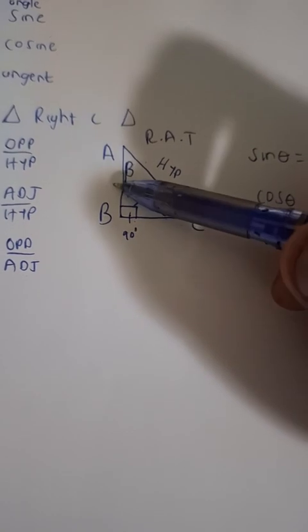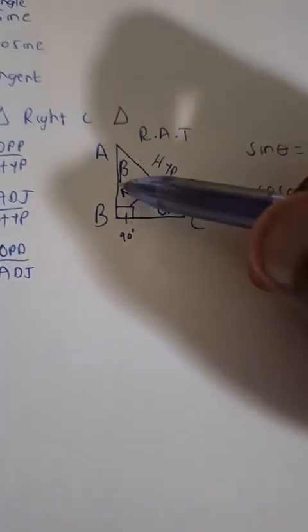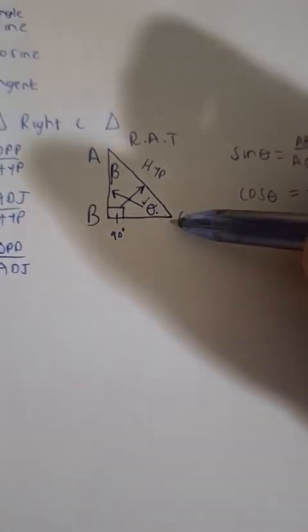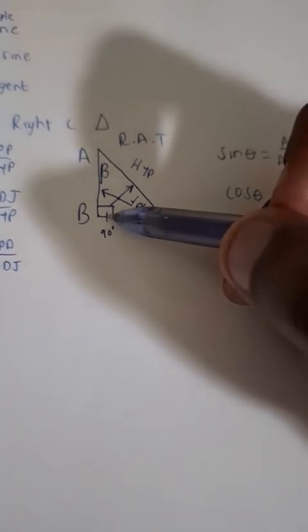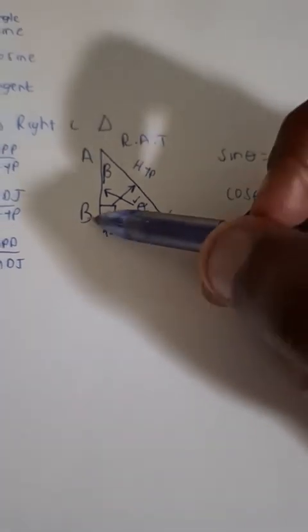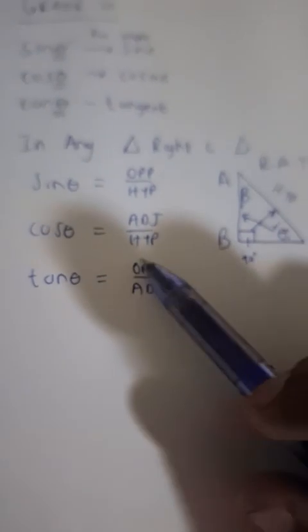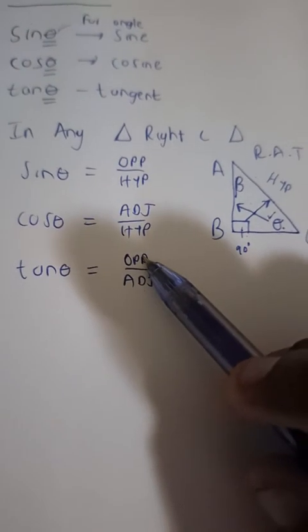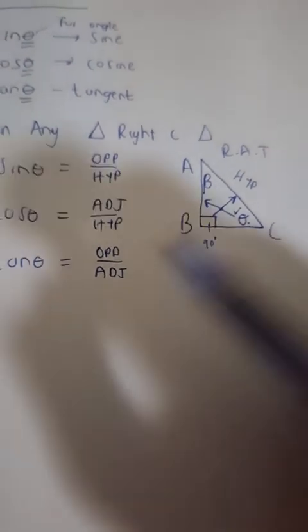It is AB, which is the opposite side, the side opposite the angle we are referring to. And then the adjacent side is BC, because that is the side that is next to the angle theta. So that basically fills the definition of what tan theta is. It is opposite side over adjacent side.